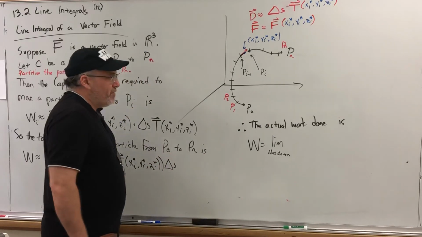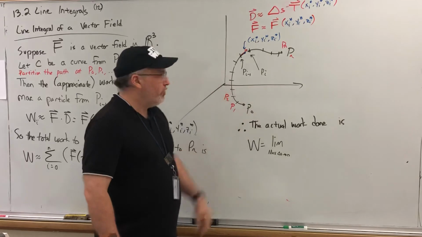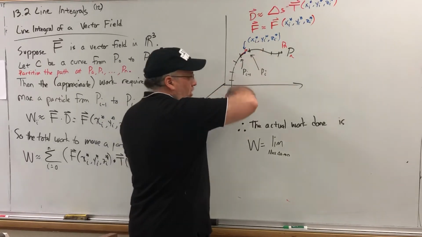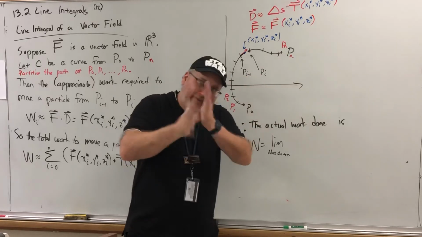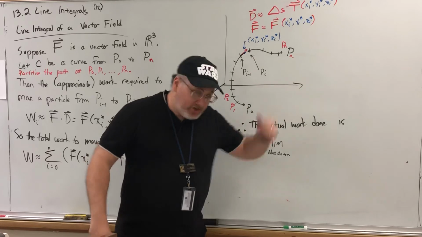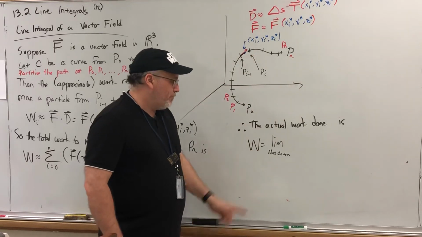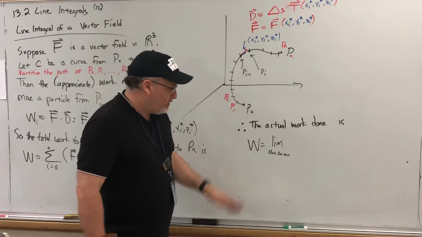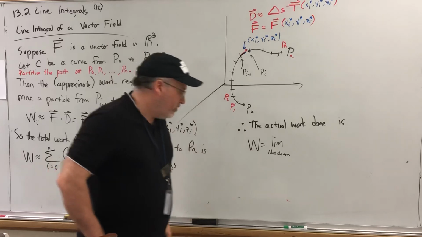We can't just say n approaches infinity, because I could take these, I don't know, looks like a dozen partition points, leave all but one of them in the same place, and in this last subarc, cut it into an infinite number of pieces. So in that case, we're getting an infinite number of partitions, but these are all still pretty long. And I can't just say delta s approaches 0 because there's a bunch of them. So we'll say the largest arc length approaches 0. That forces all of them to approach 0.